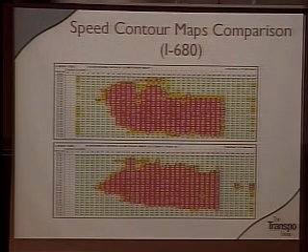The top part of the slide shows the field conditions, and the bottom one shows the speed contour map predicted by the simulation model. And you can see that the match is pretty good. This is what you want to make sure of, that your model is able to replicate congestion conditions, when and where they occur in the field.